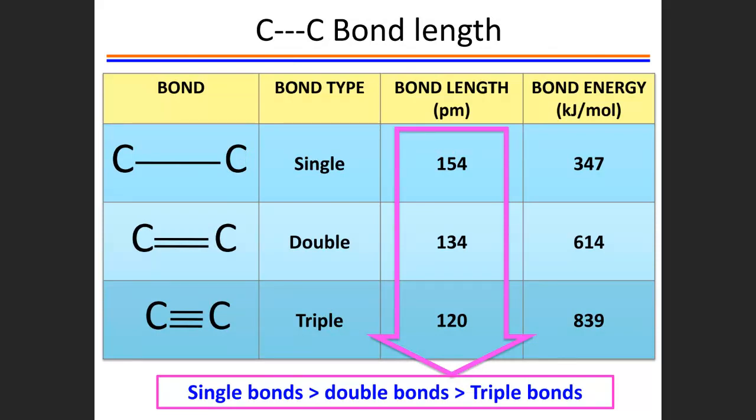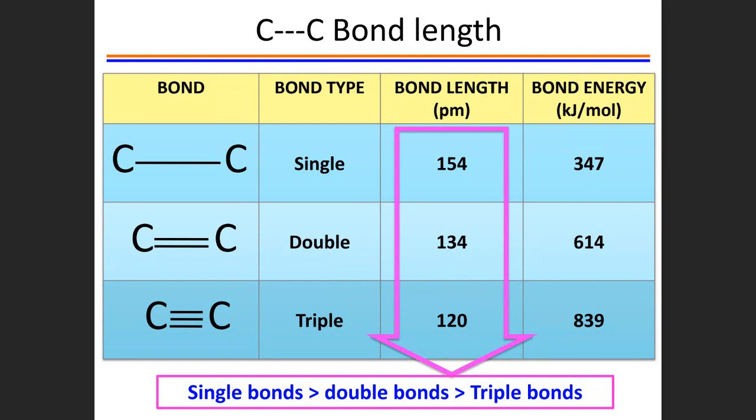Now we need to know about bond length and bond energy. What is the bond length? We are not talking about the ionic bond. We are talking about the covalent bond, correct? Where electron sharing is going on.